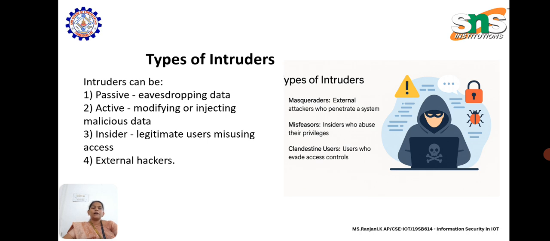How do intruders bypass security? They do so through unpatched servers, which make it easy for them, poor implementation of encryption or key management, and users clicking certain links and downloading unwanted software that will harm your system.